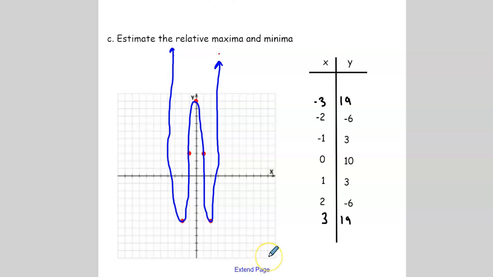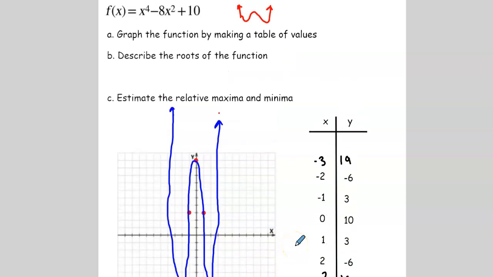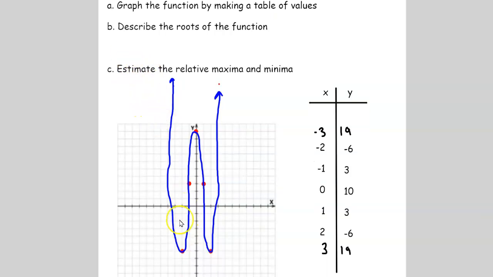Okay, good thing we have the exact values in our table, right? So then if we come back up to our questions, we can describe our roots. We want to think about all these places where we were crossing our x-axis. So think about where our values were. Now, this is where my graph being a little off isn't the most helpful, because if this point was at -6 at -2, and then at -3 I'm way up in the positive, this should be crossing more in here.